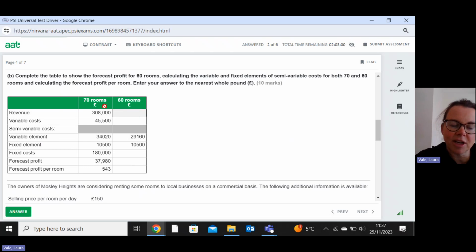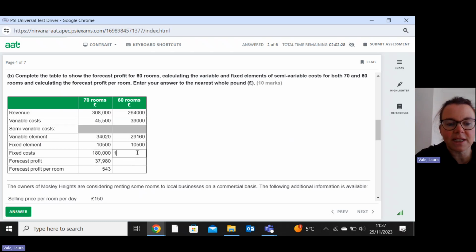And then keep that number in your calculator and multiply it by the 60 rooms. So that gives us £264,000. We can do the same for variable costs because variable costs obviously vary per room. So if we do 45,500 divide by 70 and then multiply by 60, that gives me £39,000.